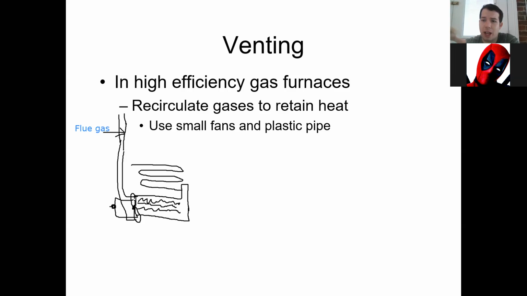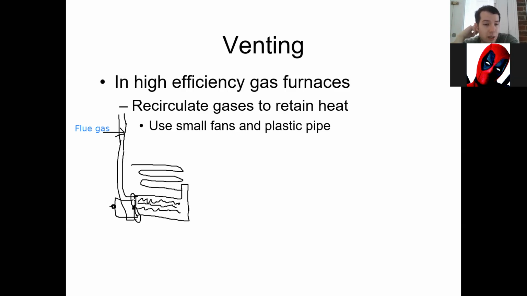If it's 80 or 110 degrees, well, PVC or CPVC can withstand that temperature and any of the issues with the condensate coming and collecting on it. It's not going to eat through plastic. It can't really. Plastic is very, very strong when it comes to this kind of stuff.